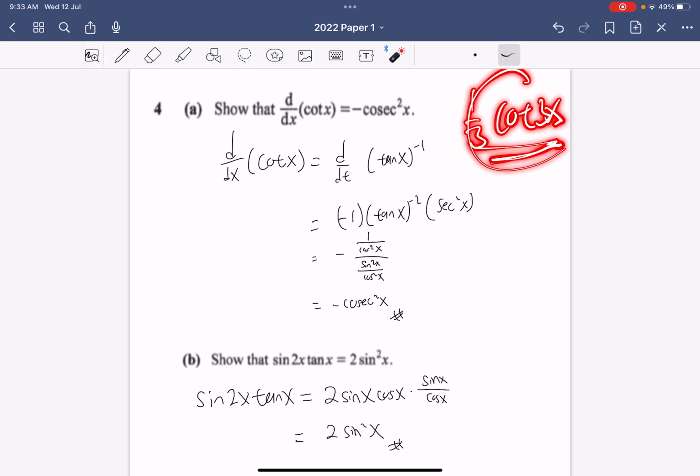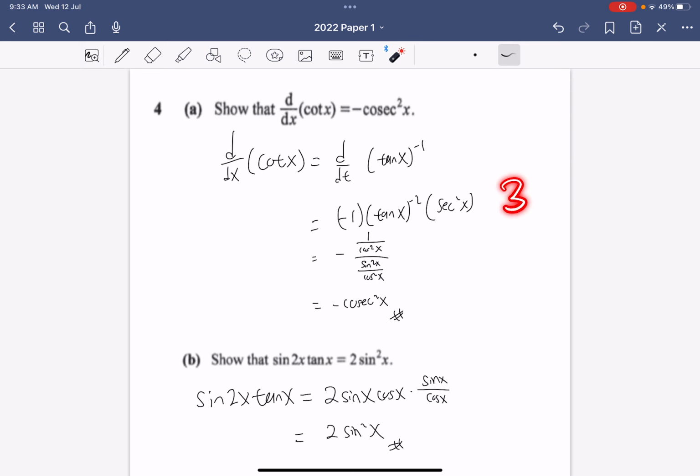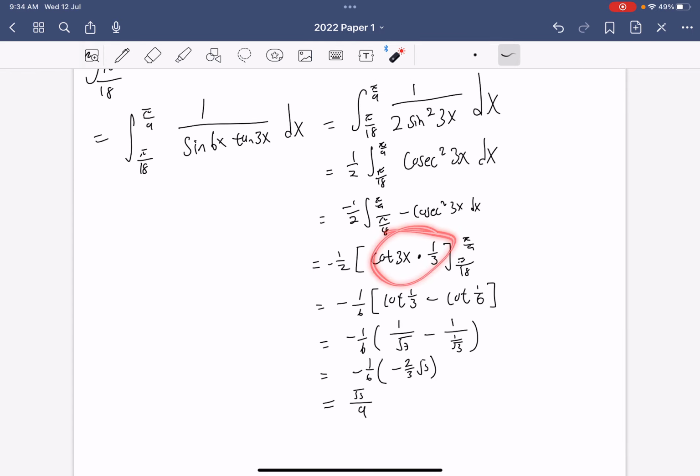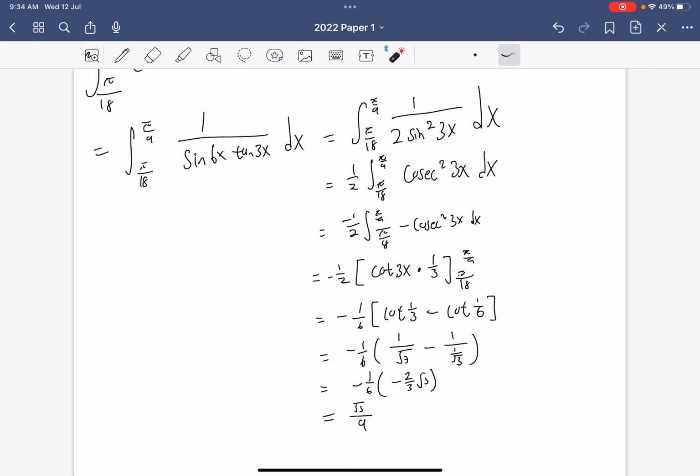Because when you differentiate cotangent 3x, you have to differentiate the 3x, so the 3 and 1/3 will cancel out. So when you integrate it, it will be this antiderivative. And then you just need to sub in the values and you get the following answer.